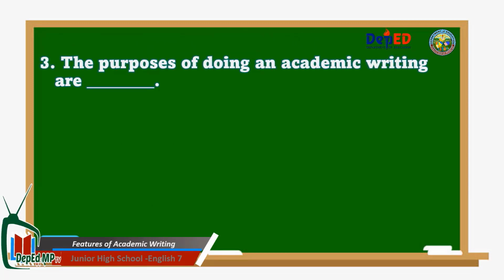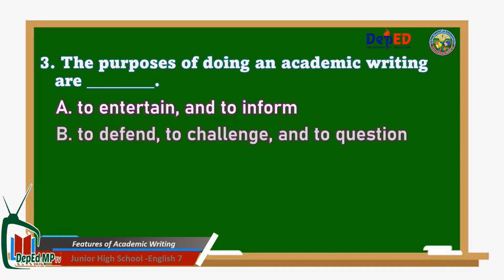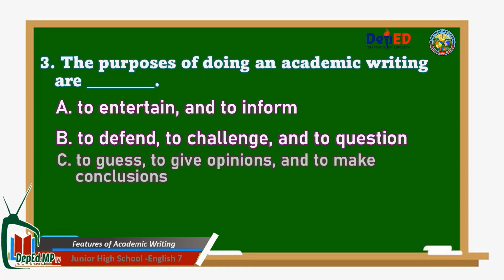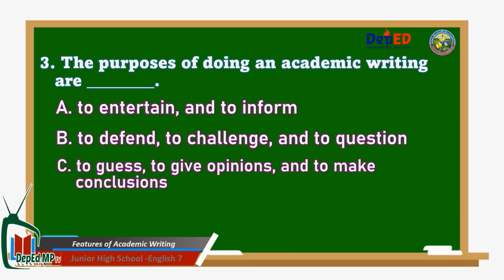Three. The purposes of doing an academic writing are blank. A. To entertain and to inform. B. To defend, to challenge, and to question. C. To guess, to give opinions, and to make conclusions.